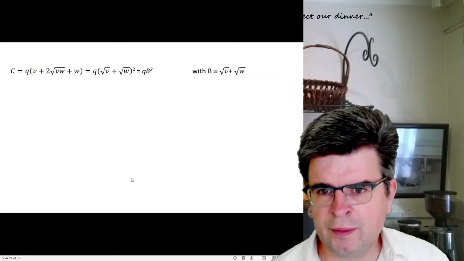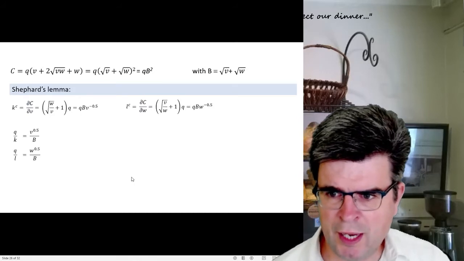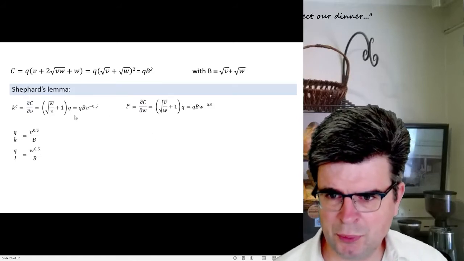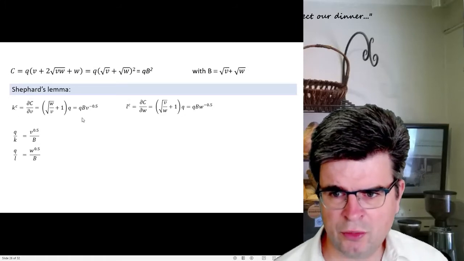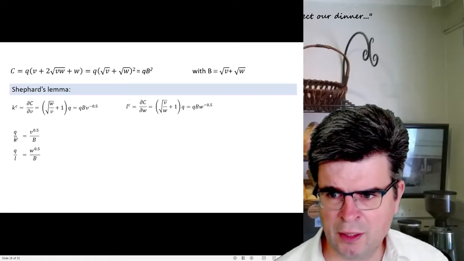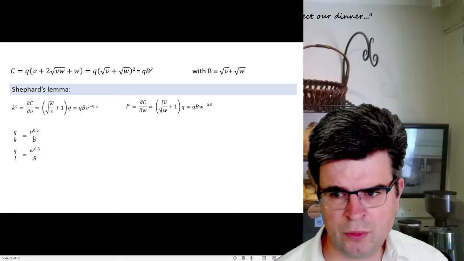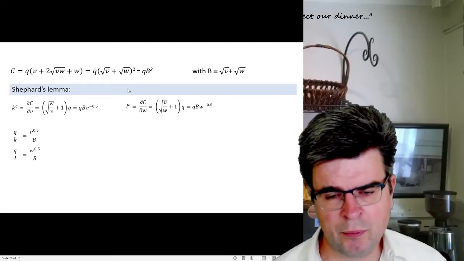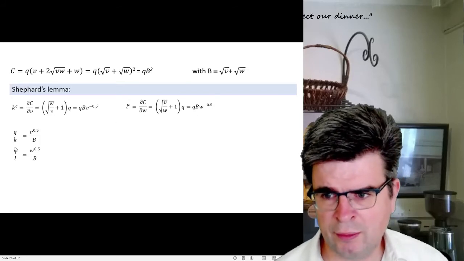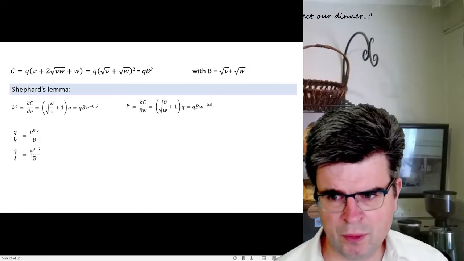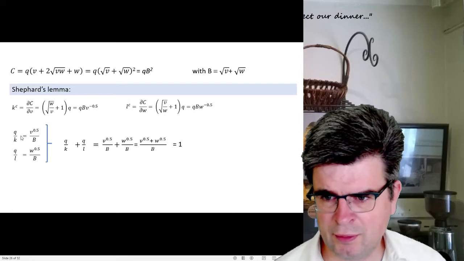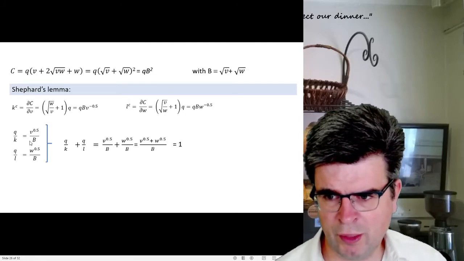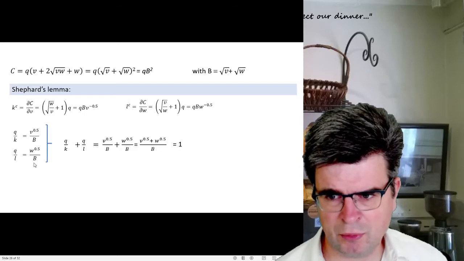Now, another way to do it is, this is question A. From these two expressions, if we bring this part to the left-hand side and the KC to the right-hand side, we can rewrite this as Q over K should be equal to V to the power 0.5 divided by B. We can similarly rewrite this expression over here as Q over L should be W to the power 0.5 divided by B. From that, it follows that Q over K plus Q over L, summing the left-hand sides and summing the right-hand sides.